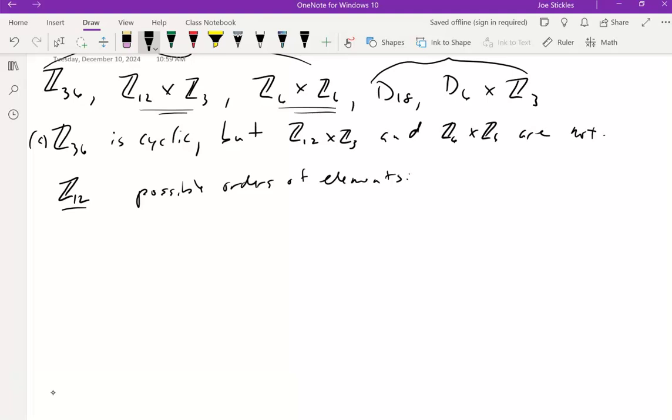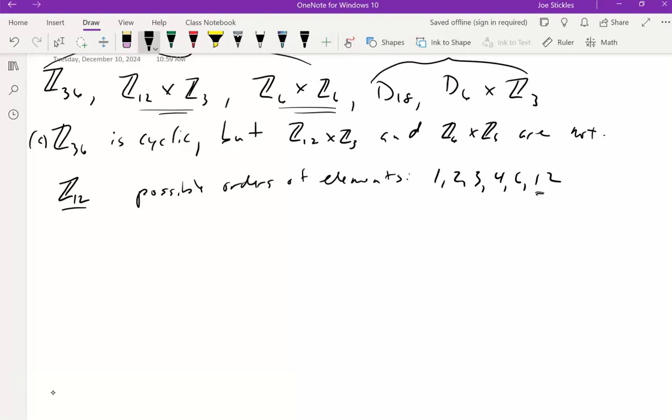Which one was it? It divides it. Yeah, remember the order of the element has to divide the order of the group. So these are your possibilities. Now the relatively prime piece will pop up here in a second, especially for the elements of order 12.